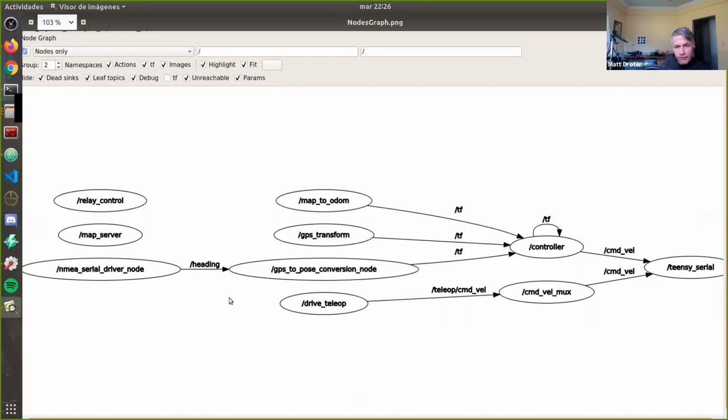I don't know why you're only seeing slash heading there. Let me take a note about that and I will try to fix it. So the NMEA driver must have two outputs, one heading and the other the fix, your actual location.